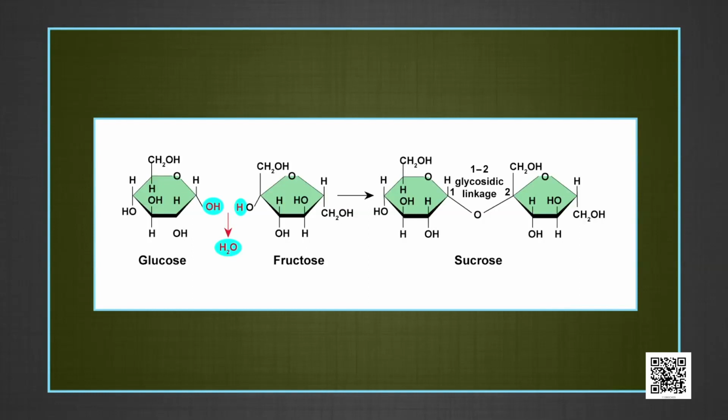The water will be removed from the OH at the first position of glucose and the H from fructose. This forms a water molecule, and the bond formed is glycosidic. This bond is a 1,2 linkage. Why 1,2 linkage? Because carbon number 1 is from glucose and carbon number 2 is from fructose. The bond formed between them is a 1,2 glycosidic linkage. But in the case of lactose it was a 1,4 linkage. These are disaccharides.